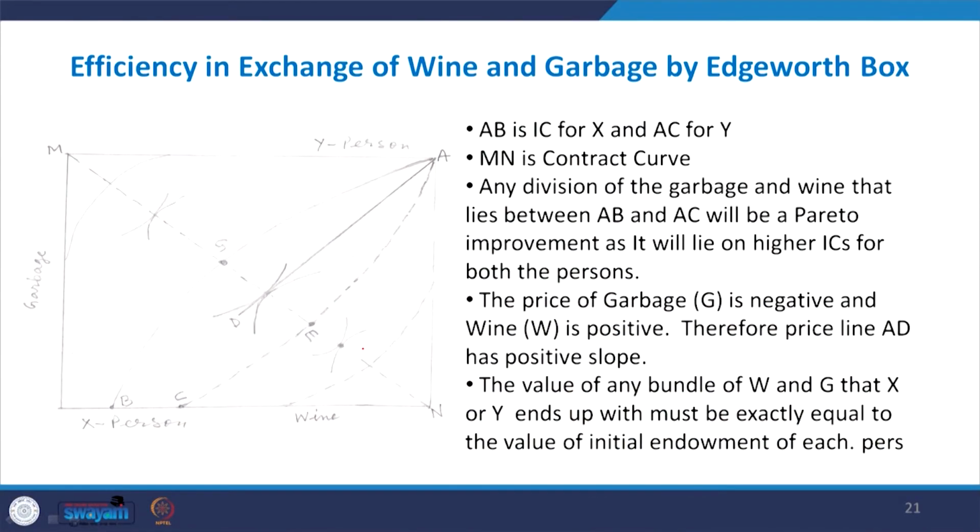So, this is the Edgeworth box prepared in the same manner as we prepared in the case of wine and cheese. The only difference here is that these indifference curves are not convex to the origin and they do not have a negative slope, they have a positive slope, because one product is a good product and the other product is a bad product. So, the shape of this Edgeworth box is different from the conventional shape of the Edgeworth box.